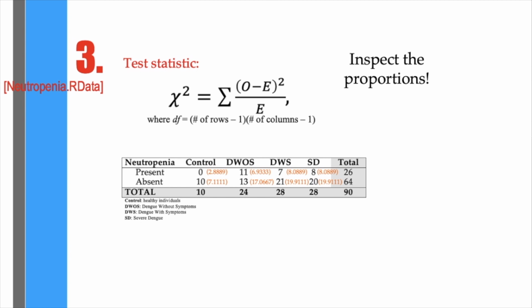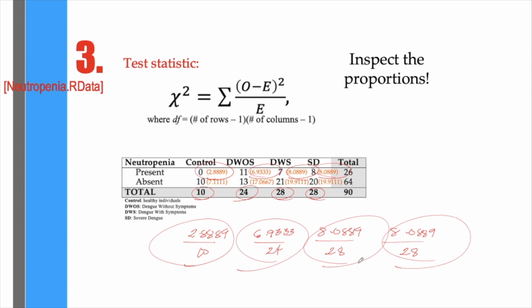And lastly, we may inspect the proportions. Meaning if we're going to divide 2.8889 by 10, 6.9333 divided by 24, 8.0889 divided by 28, and 8.0889 divided by 28, these proportions are actually all equal to 0.28889. It is because these expected counts are computed under the assumption that the null hypothesis in which the proportions are all equal is assumed to be true.